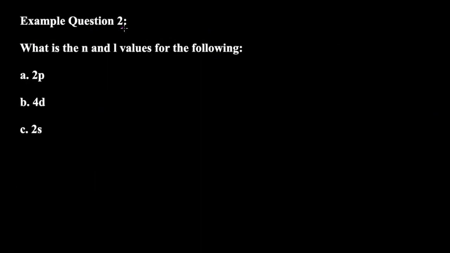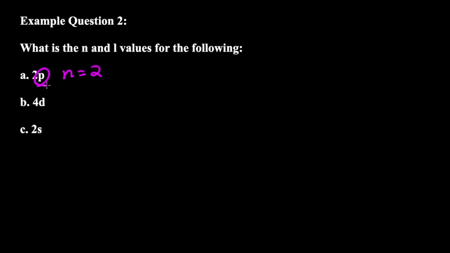So in example question 2, it says, what is the N and L values for the following? And it's got A, B, and C. And so the N value, that's going to represent how far you are away from the center, which has all the protons and neutrons. And that's going to be this number right in here. This is going to be that 2. So for this right in here, N is going to be equal to 2.